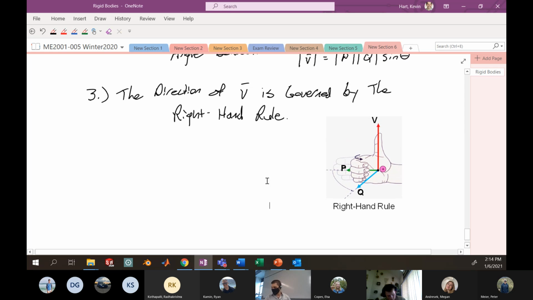In this example, this person's got the right hand. They've initially pointed their fingers in the direction of the first vector P. Then they're curling their fingers through the angle theta towards Q. And their thumb, wherever it's pointing, points in the direction that V will ultimately point.